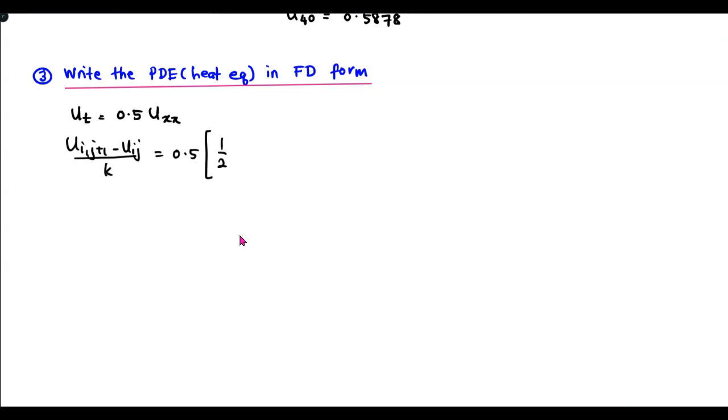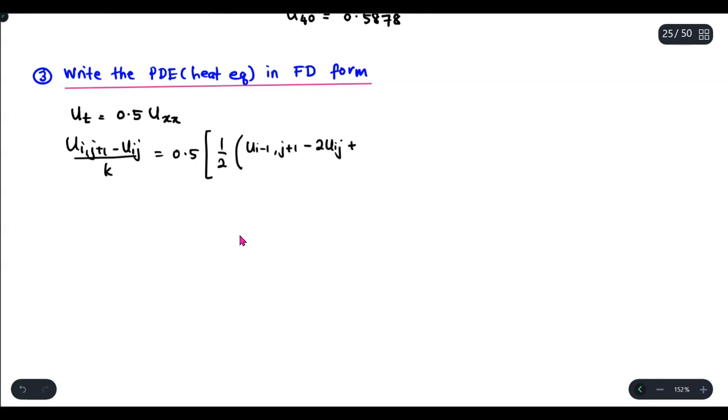And then we put ui minus 1, j plus 1, minus 2 ui, j plus 1, plus ui plus 1, j plus 1, over h square.